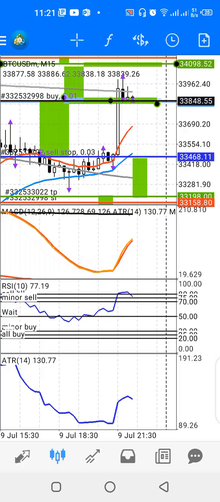That pending order, the lot size will now be 0.08. The reason for 0.08: I initially have 0.01, which is my first trade, and I'll place a buy stop order here as a pending order since this sell stop has been triggered.